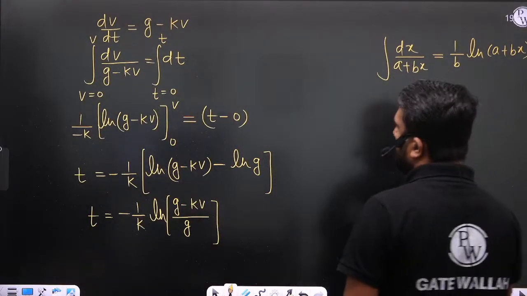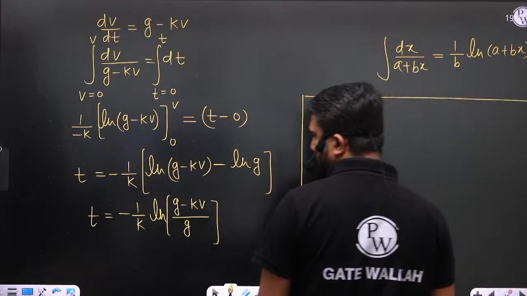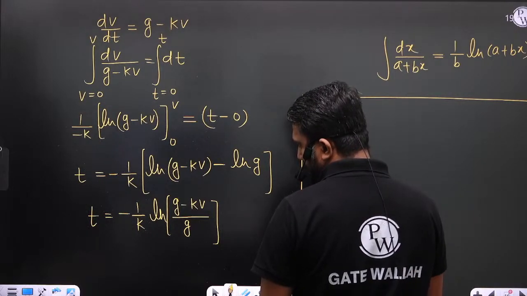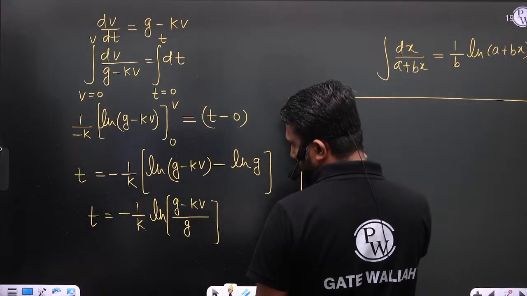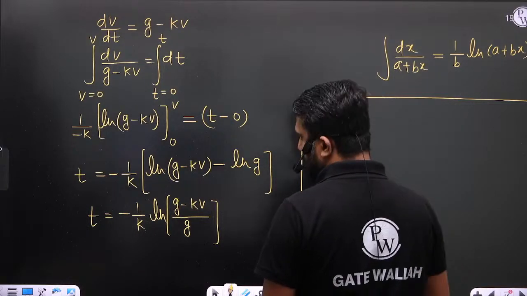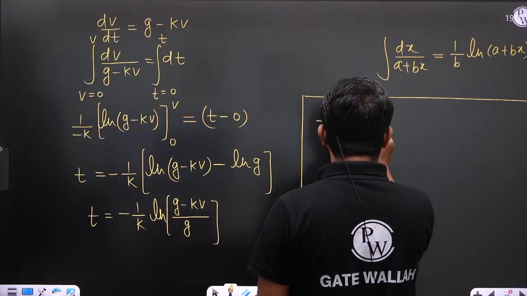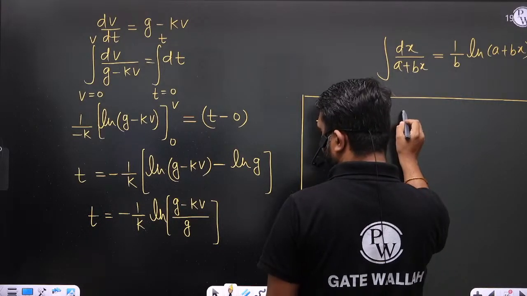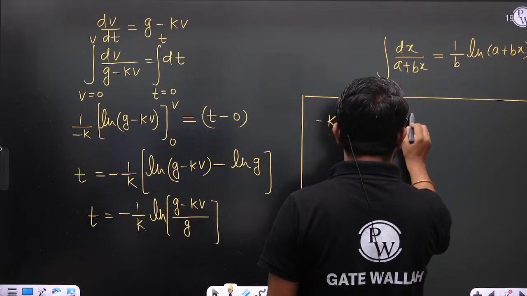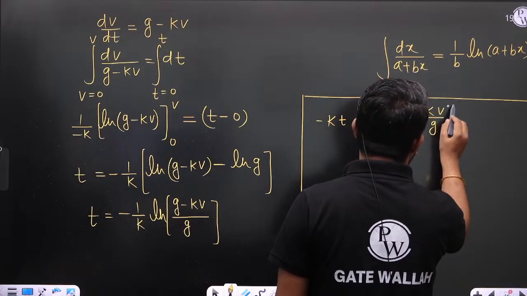Right. Now, if you arrange the terms, then we can write, just 1 minute, this is minus kt, and this is equal to ln(1 minus kv by g), right?